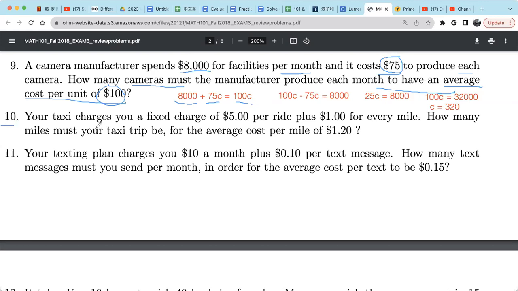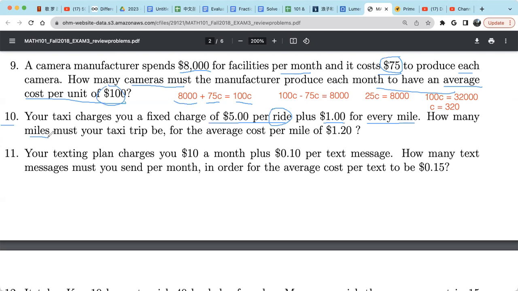Let's see, number 10. Your taxi charges you a fixed charge of $5 per ride, plus $1, well, this is per ride, plus $1 for every mile, rate. So this is asking how many miles. It did not ask for how many rides, right?